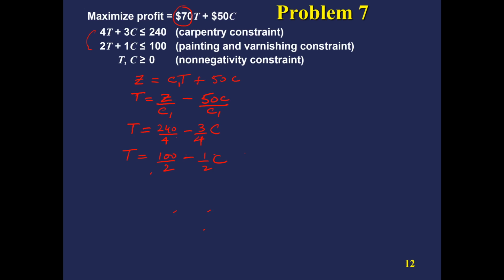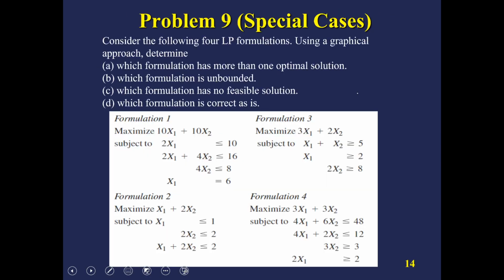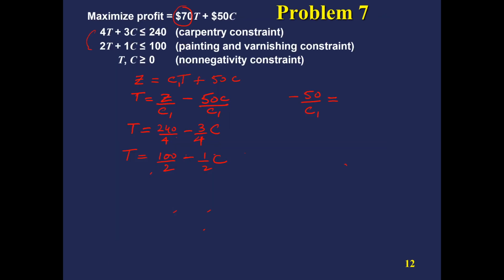So we say minus 50 over C1 is equal to minus 3 over 4, and from here we get C1 is equal to 66.67.